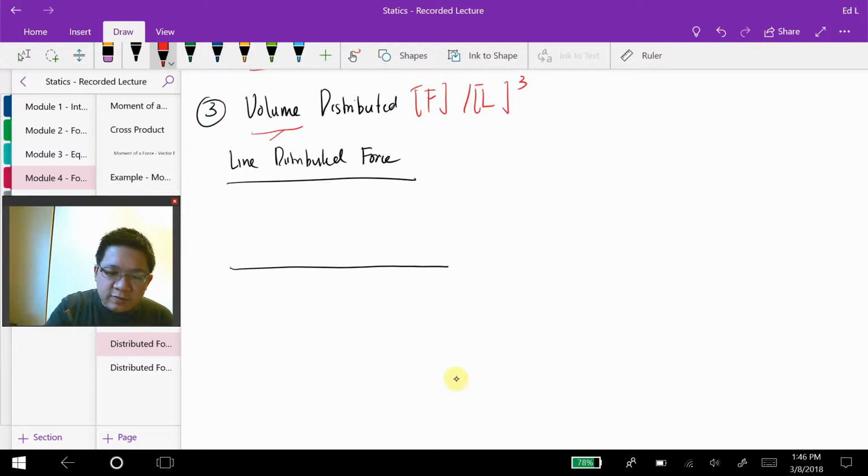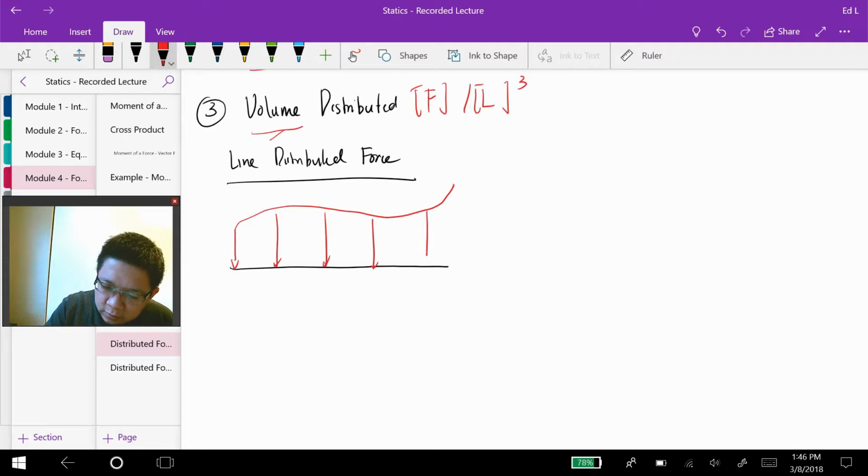Let's assume I have a beam and I have a distributed force with a function of w(x) that describes how the force is distributed.